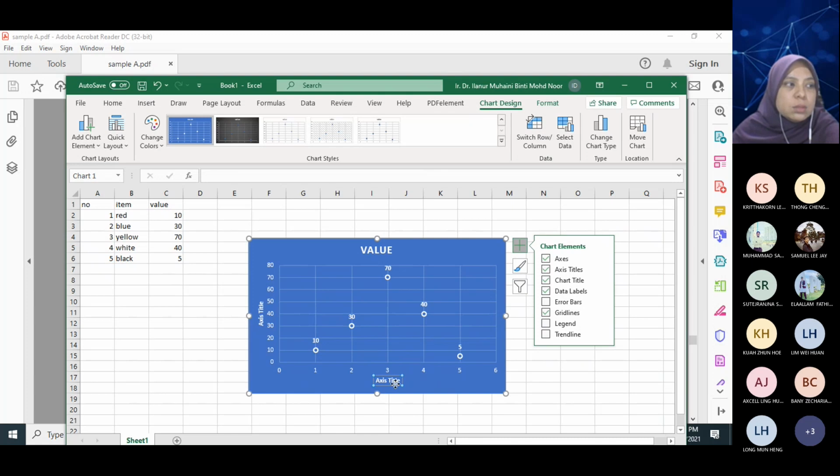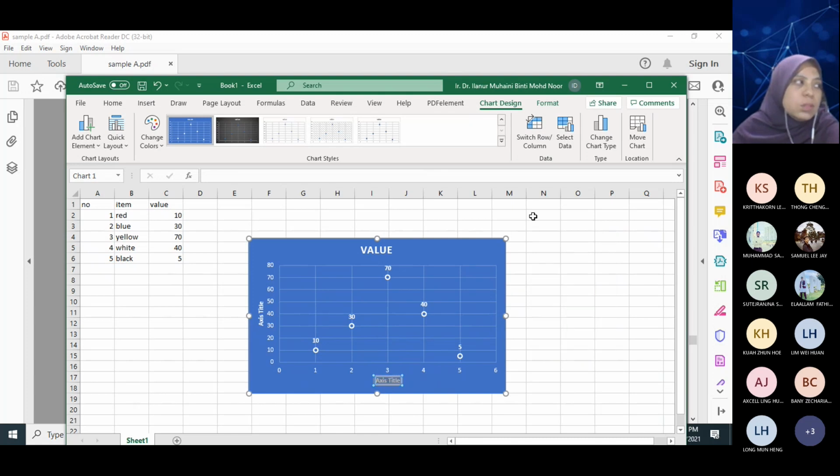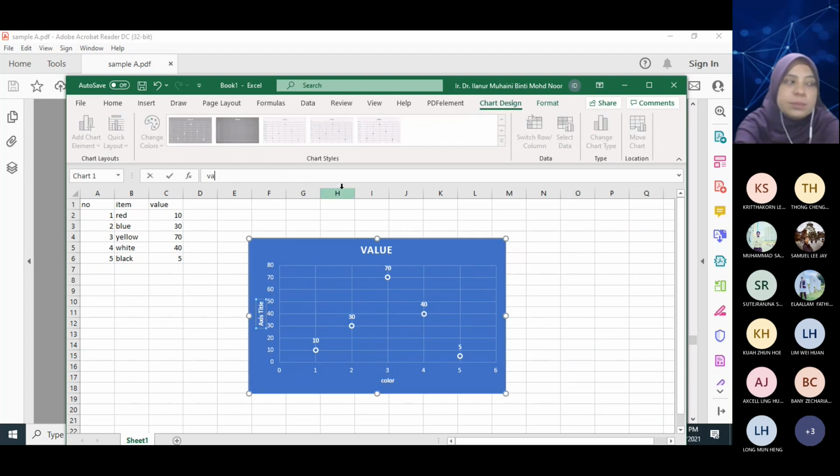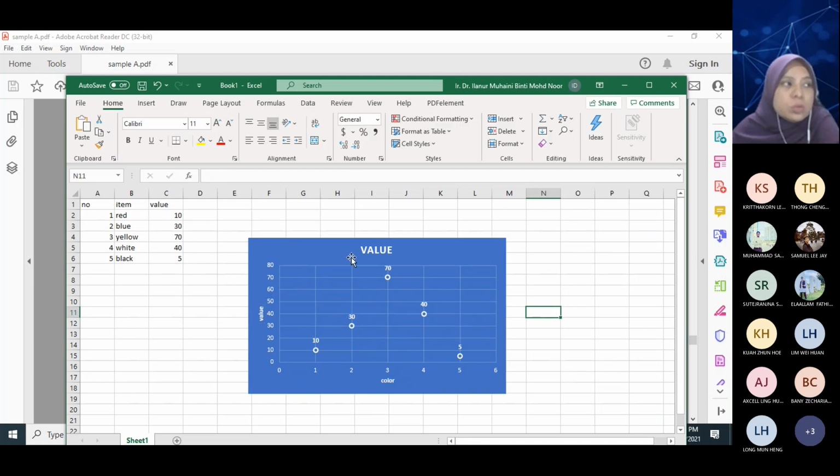Okay. So here can be color. X-axis is always the non-depending. Y-axis depending. Okay.